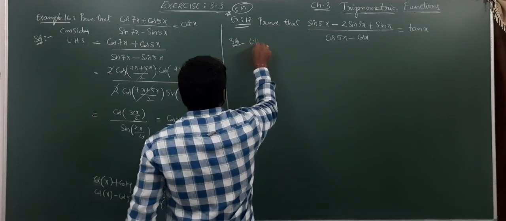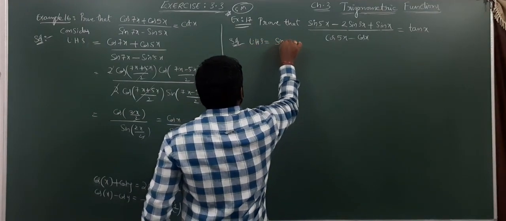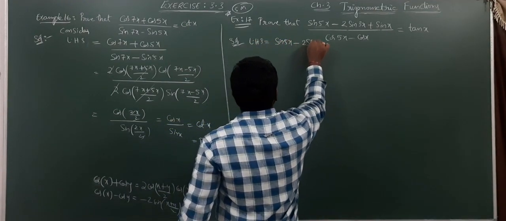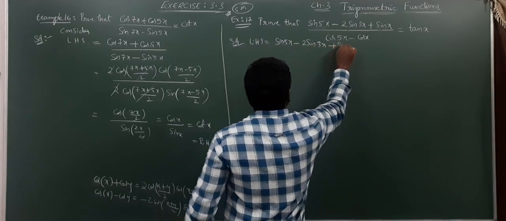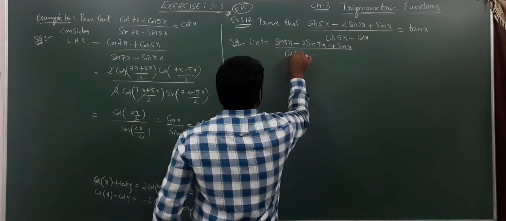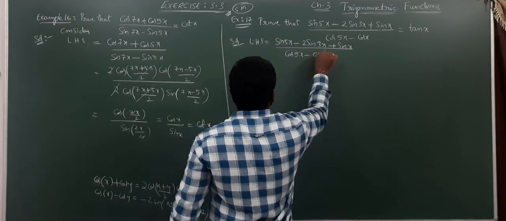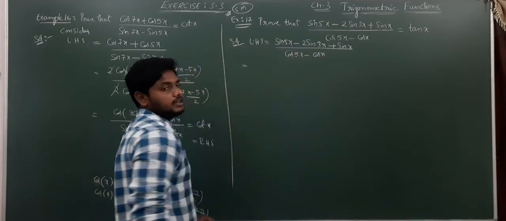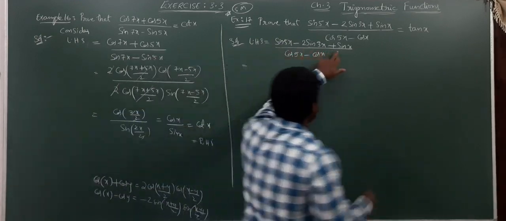So we will consider LHS, which is equal to sin 5x minus 2 sin 3x plus sin x whole divided by cos 5x minus cos x. Right? So we will apply the formula for sin a plus sin b.